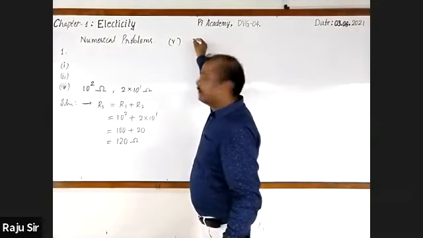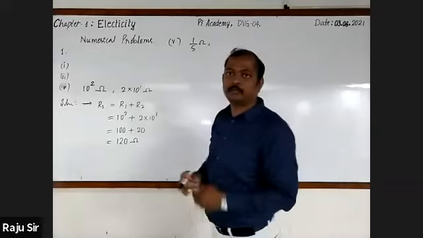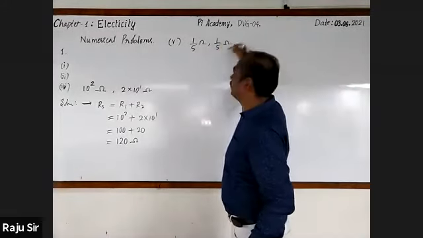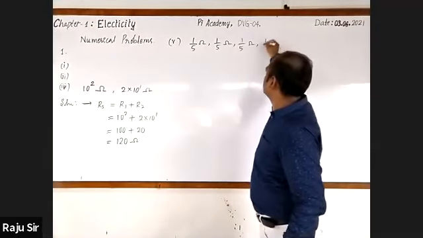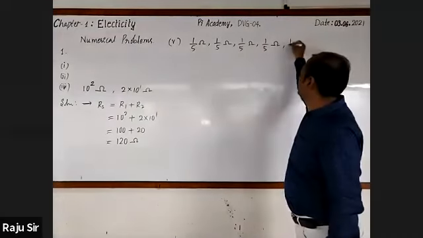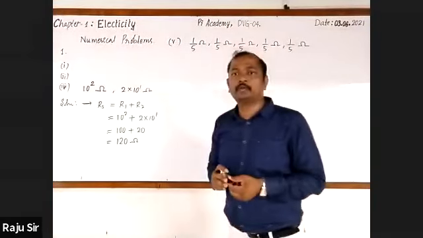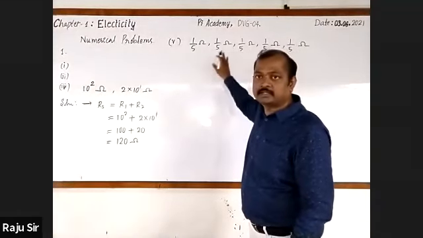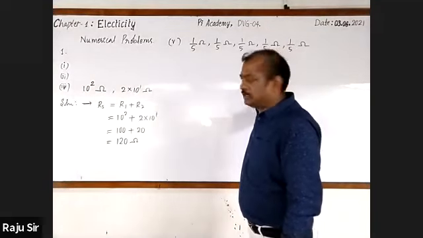See, the resistance of the first resistor is 1 by 5 ohm. Second one is 1 by 5. Third one is 1 by 5 ohm. Fourth one is 1 by 5 ohm. Even the fifth one is also 1 by 5. And now we have to find out the total electric resistance of these resistors when they are connected in series.